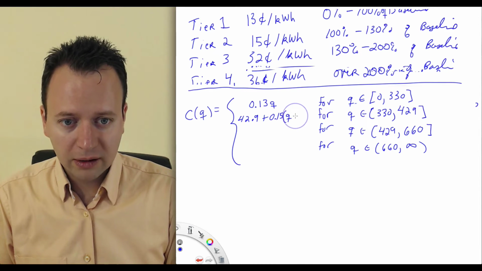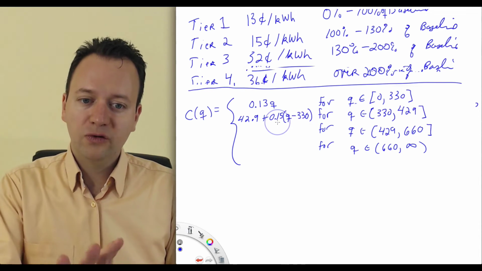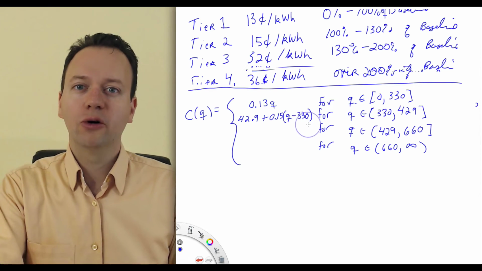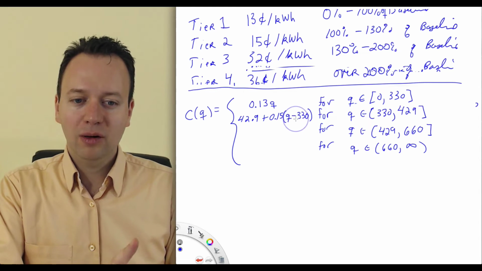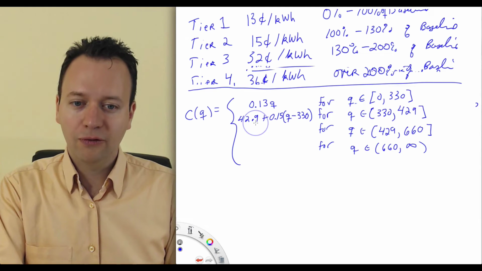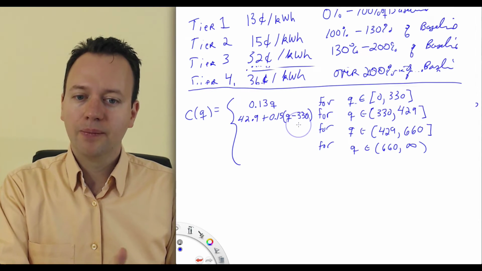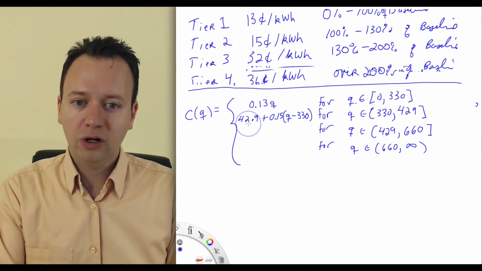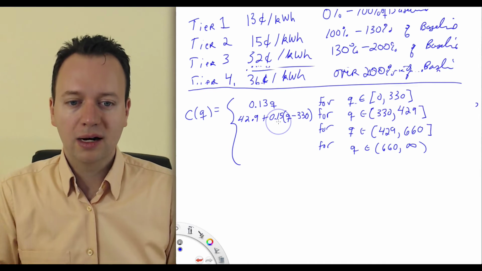To rectify that, we subtract off, in parentheses, 330 from Q. So now it's 15 cents times the amount over 330. If we're at 330 exactly, 330 minus 330 is 0, and we're just at 42.90, which agrees with the first formula. So this is just the amount above 330 kilowatt hours. So the second formula is $42.90 plus 15 cents times the quantity Q minus 330.